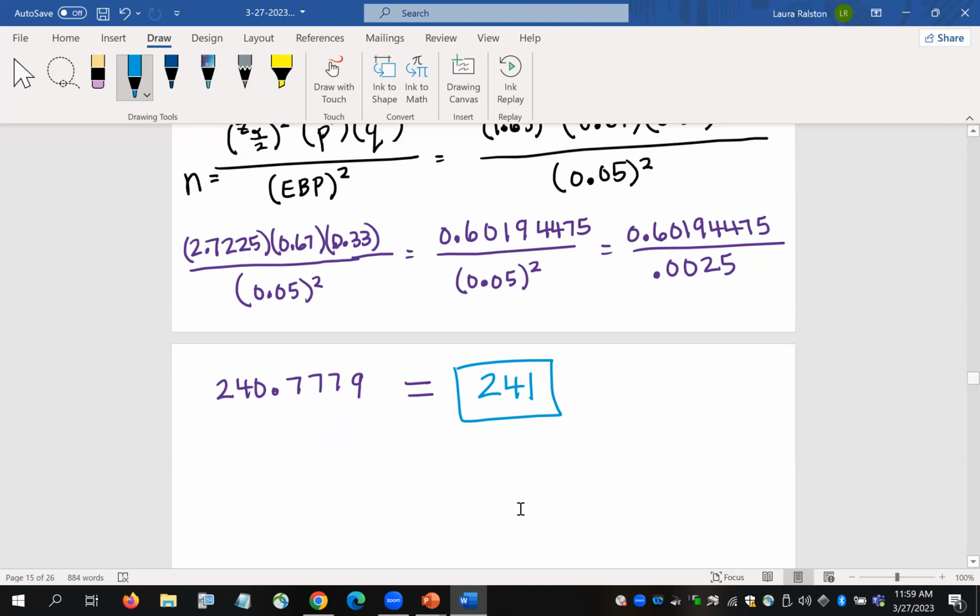Now, I've only got a minute left, so I've run out of time. Okay, so here's the plan. That finishes the content for Module 2. It finishes the content that's going to be on the midterm.